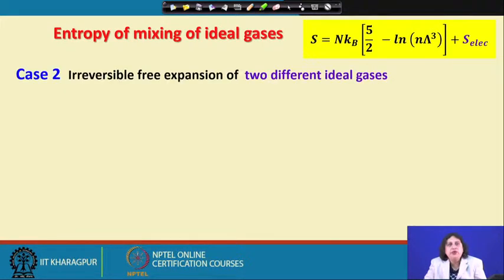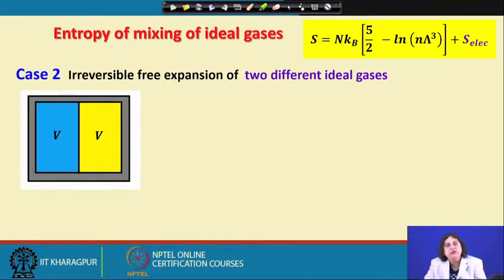Now, if I have two different gases on two sides of the partition, if I withdraw the partition, it is as if, as far as the yellow gas is concerned, there was no yellow gas on the other side of the partition. So, it is an irreversible free expansion of the yellow gas, just like the irreversible free expansion for the blue gas.